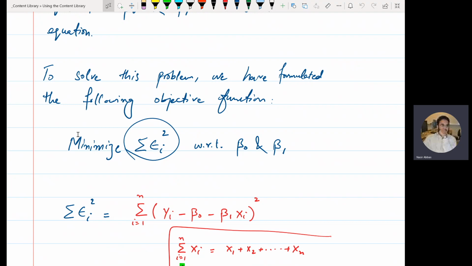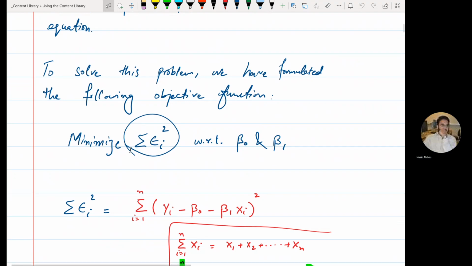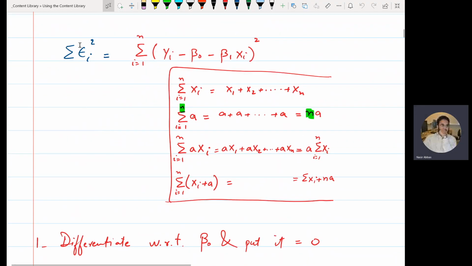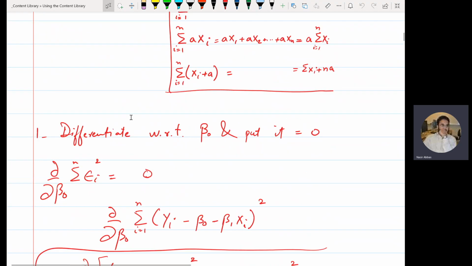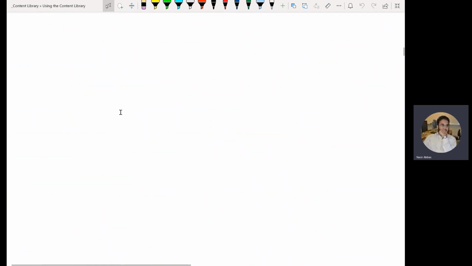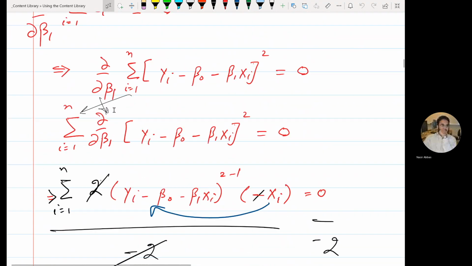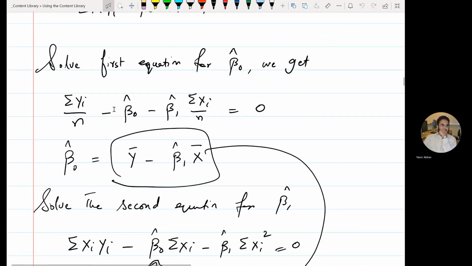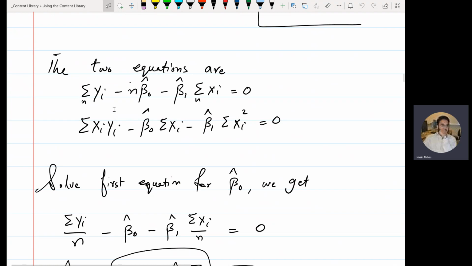So we defined the point estimates of beta naught and beta 1 using an objective function to minimize the sum of squares of errors. After defining the objective function and going through some mathematics, we came up with the two normal equations.